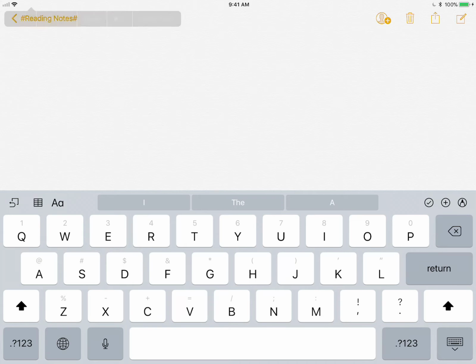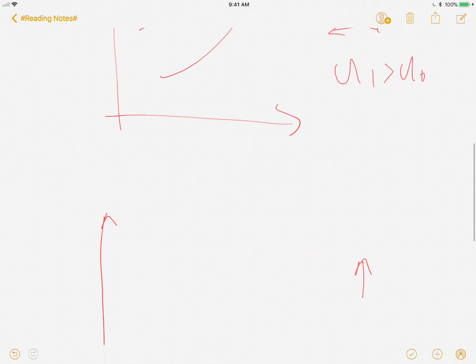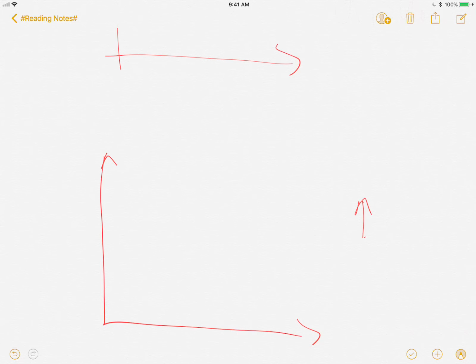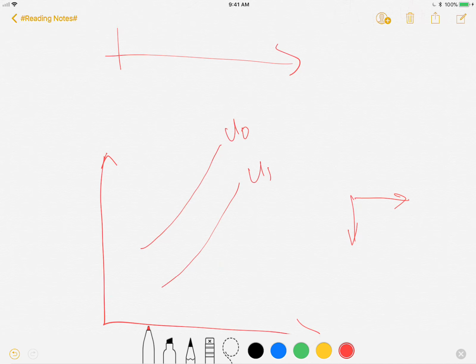And if the preference direction looks like this, which means you prefer more X and you prefer less Y, then the indifference curve may look like this, but U1 is greater than U0.